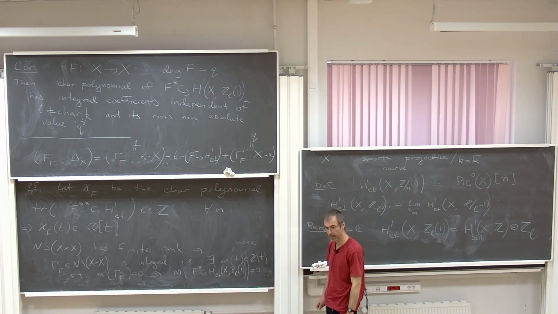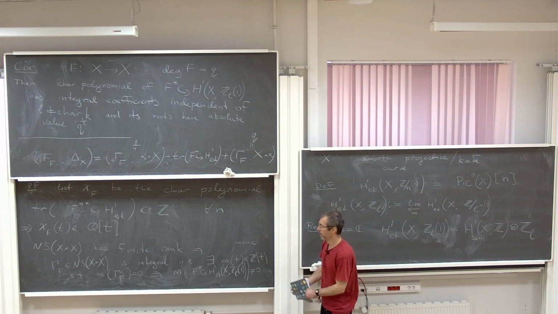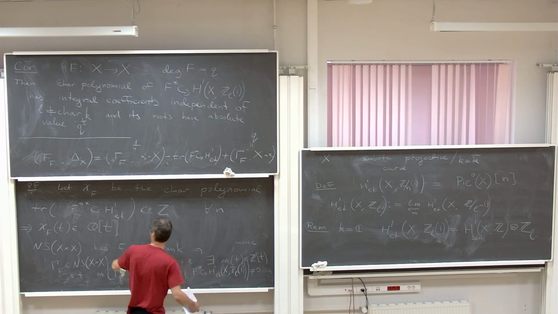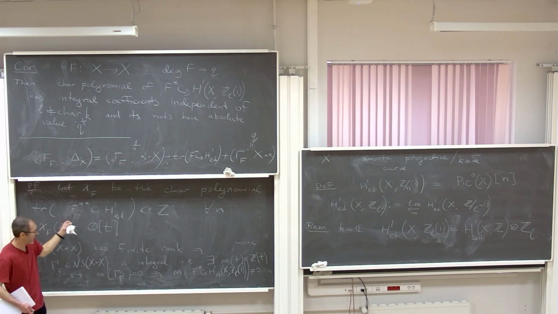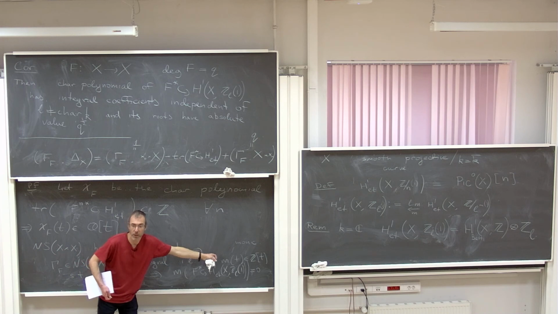Does it make sense? So what we learned is that f is at least annihilated by some monic polynomial with integer coefficients.